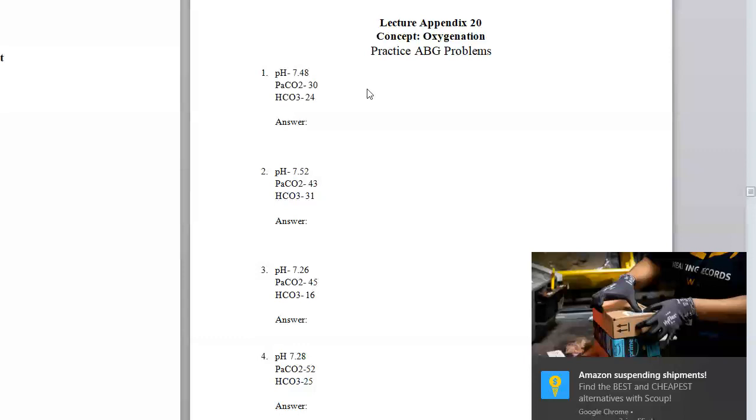So let's look at our bicarb. It's 31, above the 26, so going to the right, it is more alkalotic. So the answer for this is metabolic alkalosis. And when anything is abnormal within the bicarb, that represents a metabolic problem. Okay?